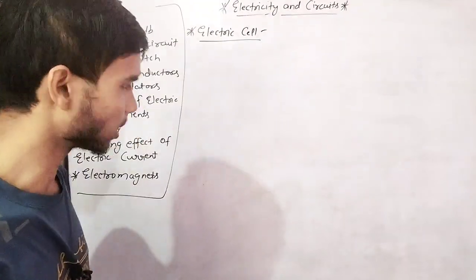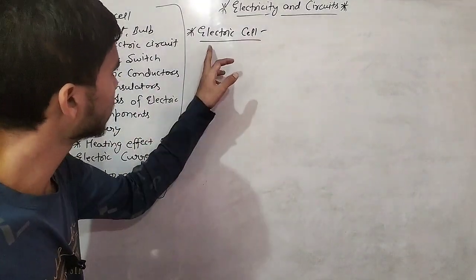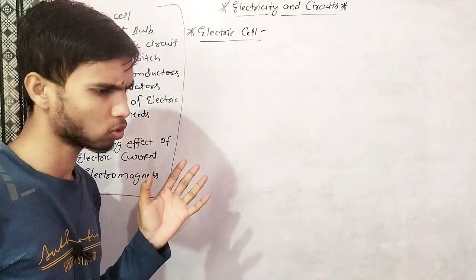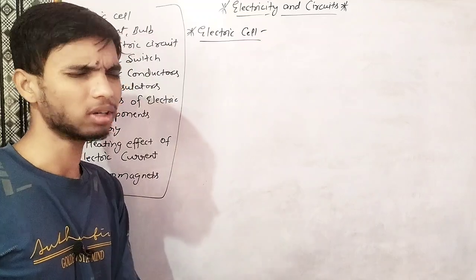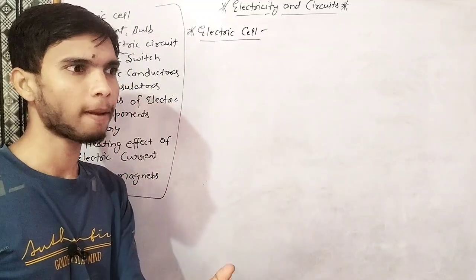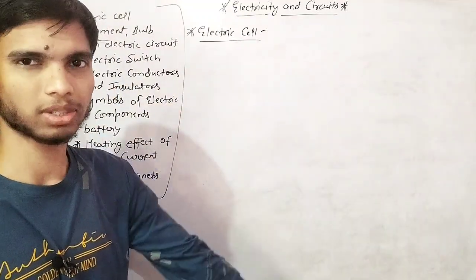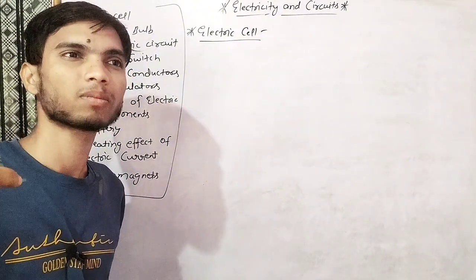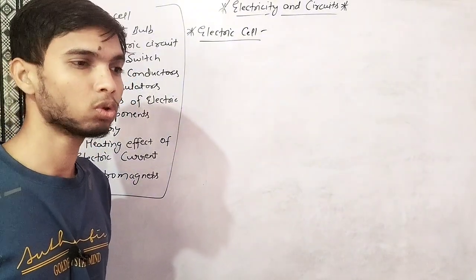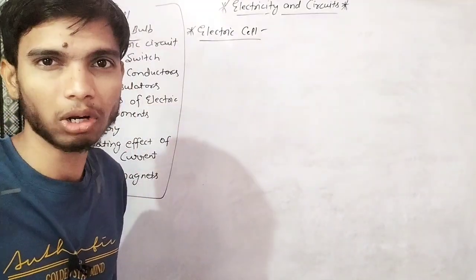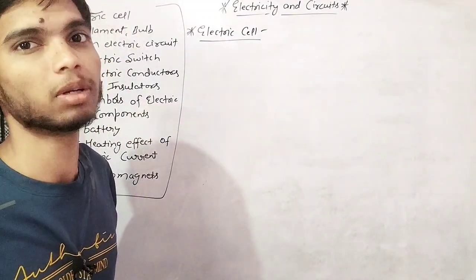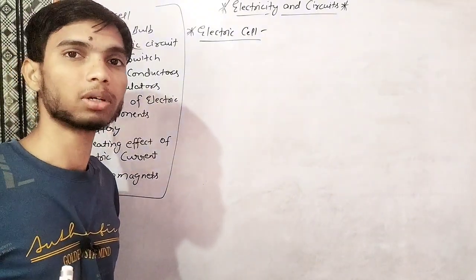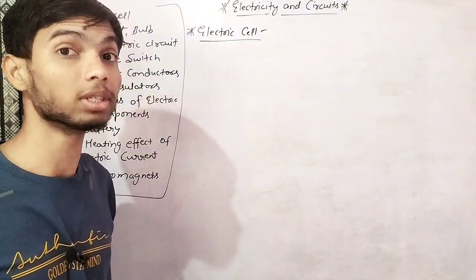So, practically, let's understand the electric cell. We use the word cell in our physics subject, and also in biology. The meaning of a cell in biology is different compared to the meaning of a cell in physics. Is it clear?